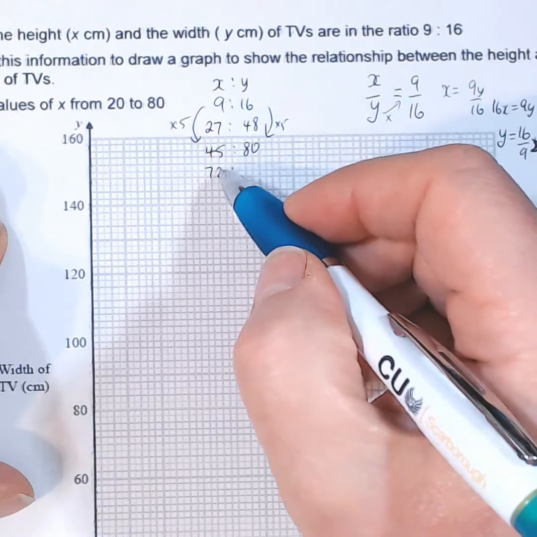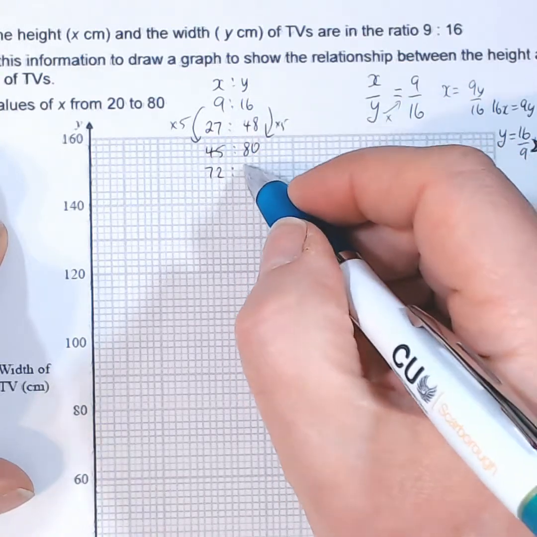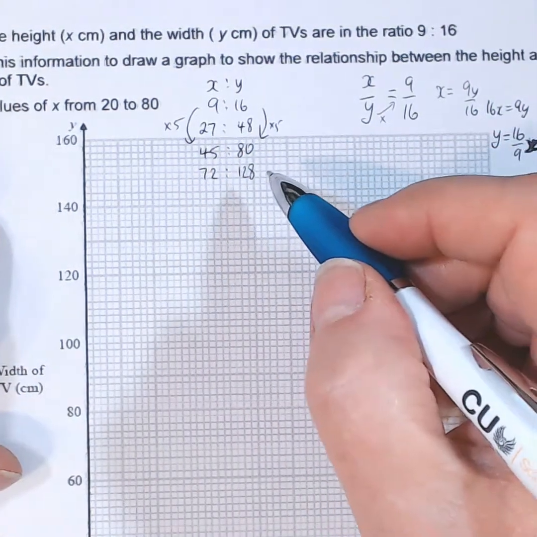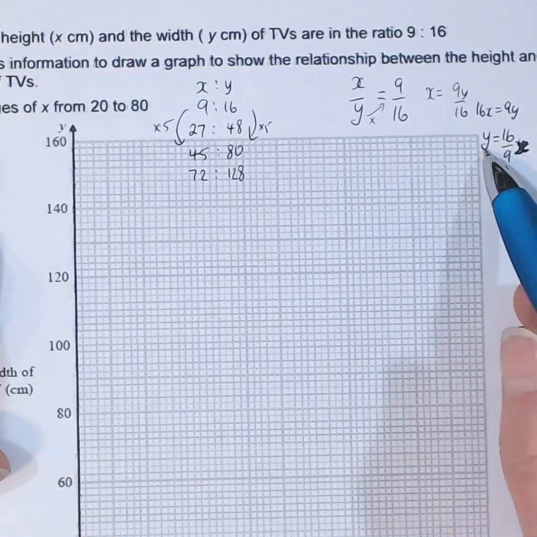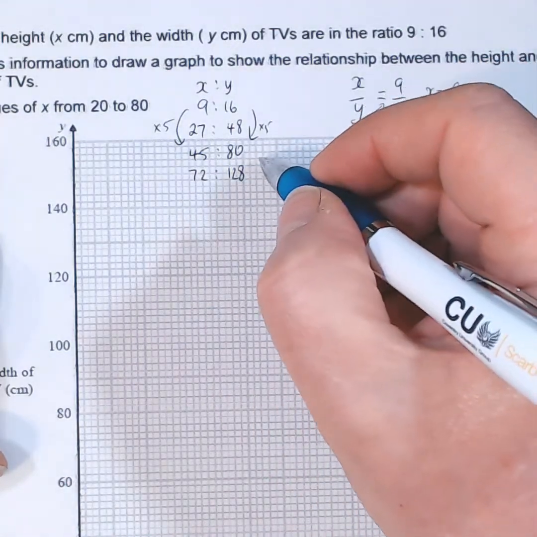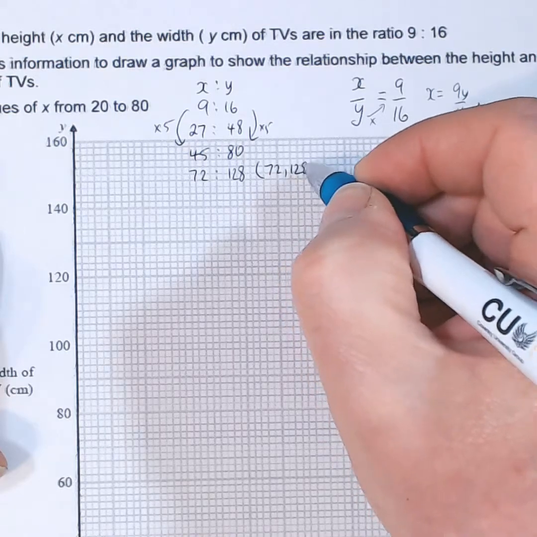So I've timesed 9 by 8, so I'm going to do 8 times 16, which is 128. So I've now got 3 sets of values where I could have put the x value in and then timesed by 16 over 9 to give me the y value, or I can do it by equivalent ratios, and these will give me coordinates. So for example, this one has given me a coordinate of 72, 128.